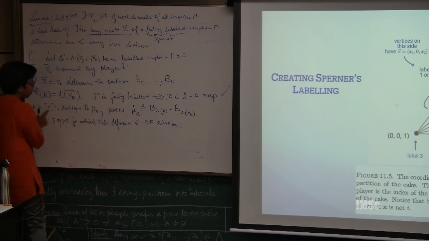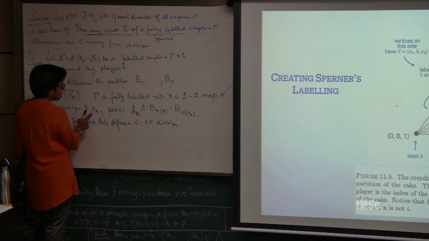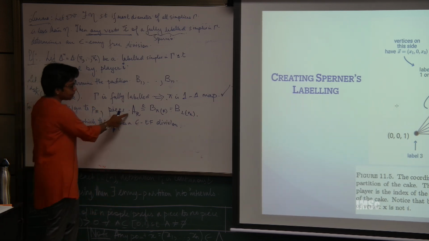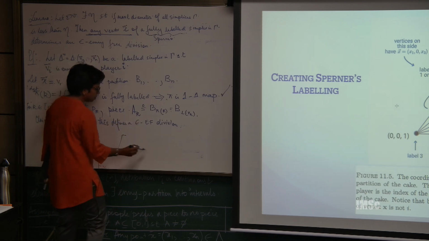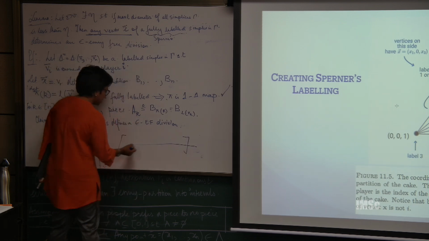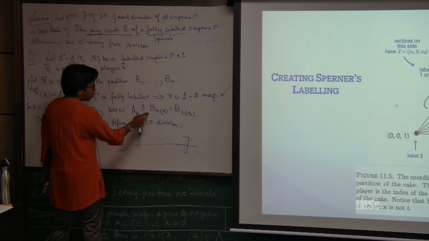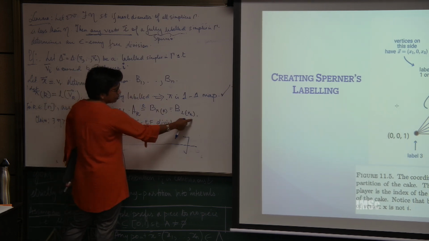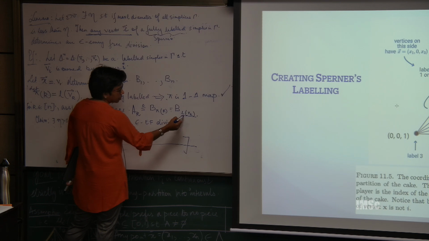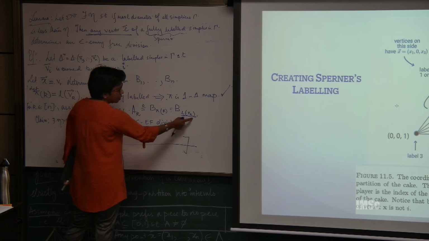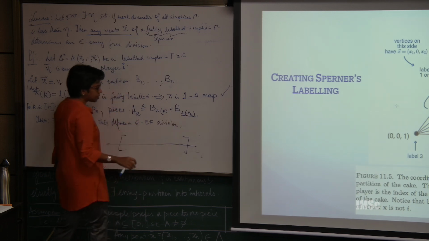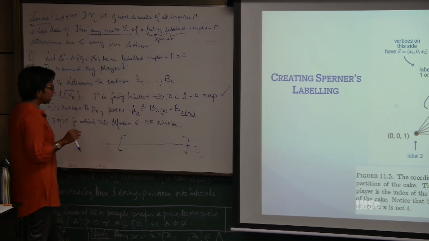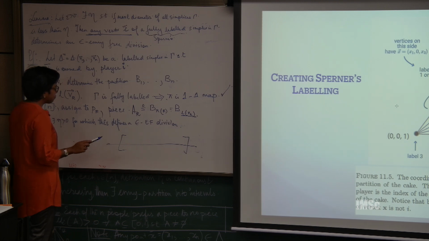Now, for each player, to this player k, we will assign this piece. When we divide this cake, we are going to assign that B chunk which is labeled with his label, the Sperner's labeling of the kth vertex. Give to player k the piece.